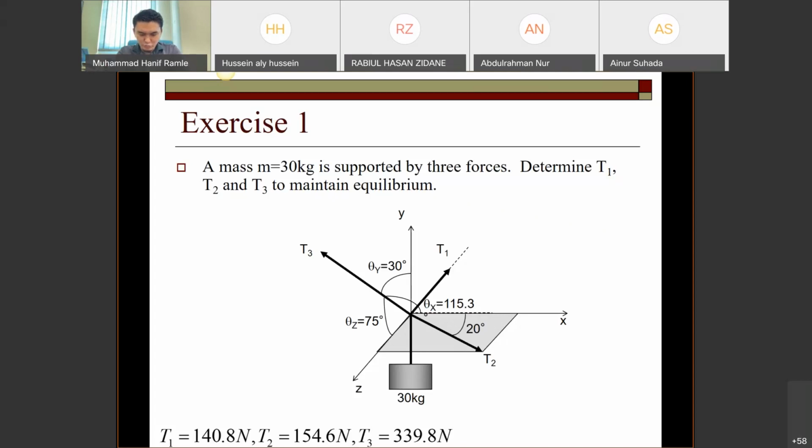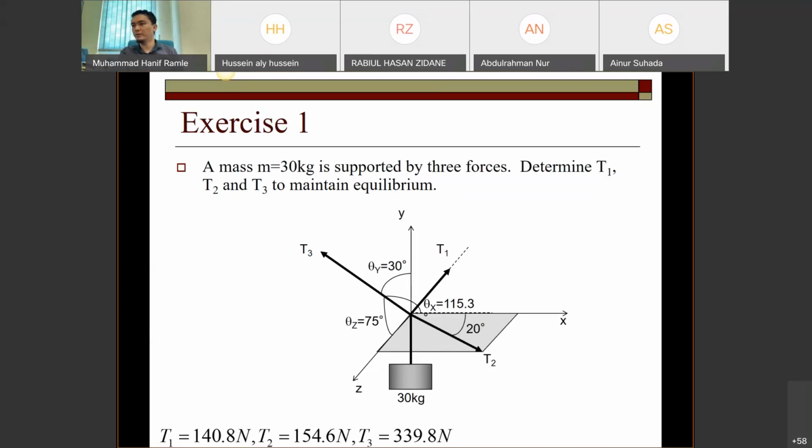So the unknowns are three, and the known value is only 30 kilogram. So what should you do first?